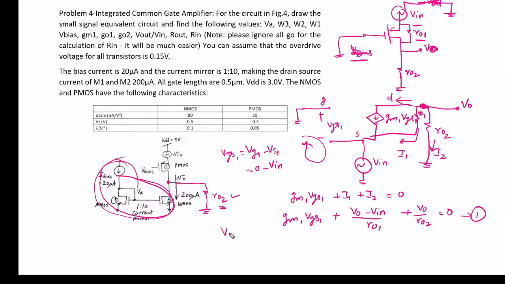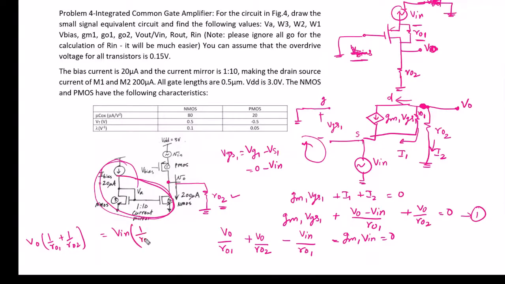So we can write this complete equation as VO upon RO1 plus VO upon RO2 minus Vin divided by RO1 minus GM1 Vin. So we can write this equation as VO times (1 upon RO1 plus 1 upon RO2) is equal to Vin times (1 upon RO1 plus GM1).